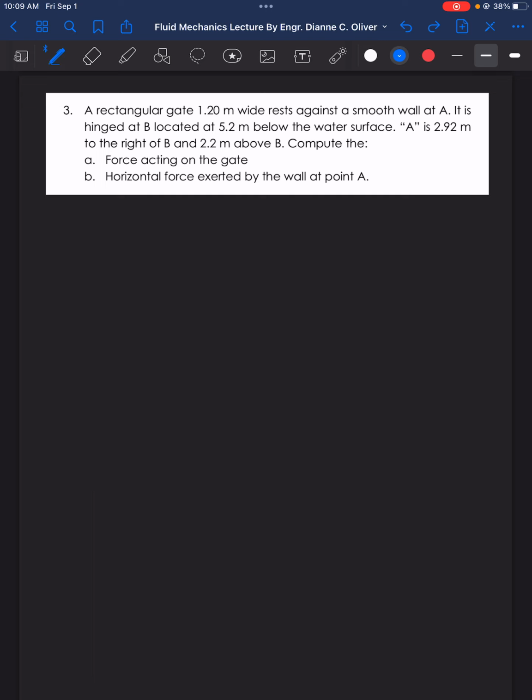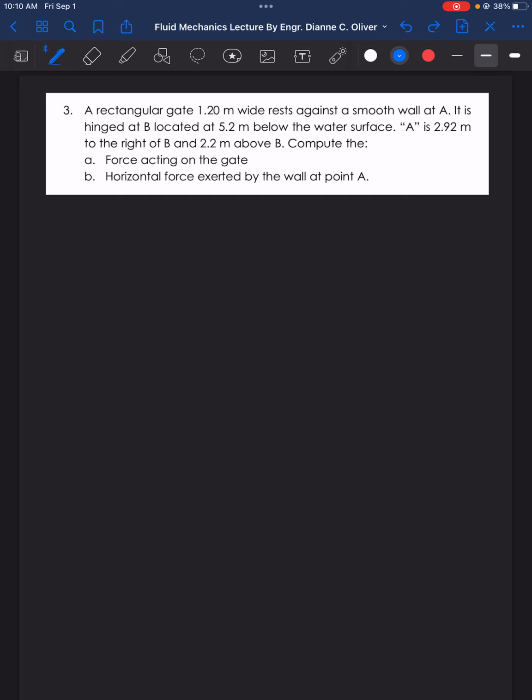So there is a rectangular gate given width of 1.2 meter, and there is a smooth wall at A, hinge at B, and the question here is, where do you locate B? In the problem, it's described as 5.2 meters below the water surface.